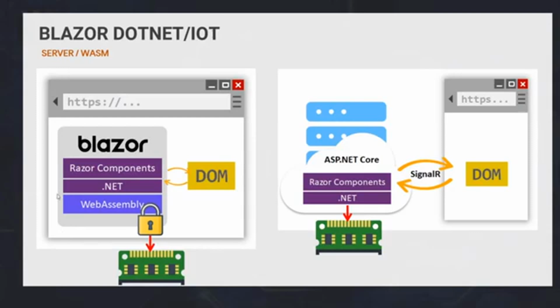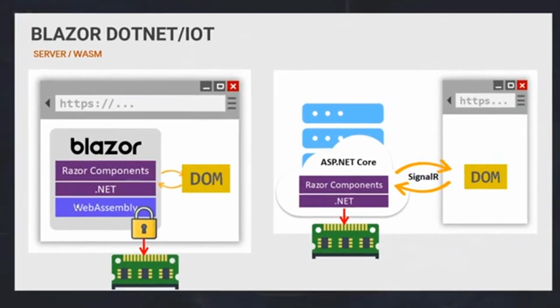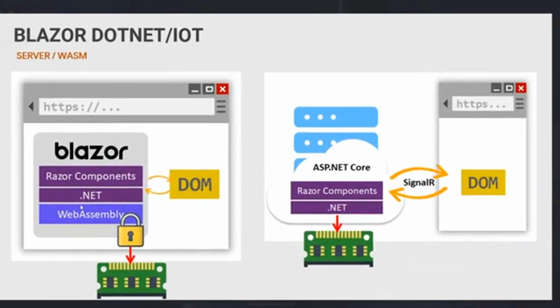Because as I'm showing here, on this side we have Blazor WebAssembly, which will compile your application, your DLLs, your binaries to run in a .NET runtime that is running in WebAssembly. And this is a sandbox inside the browser, right?